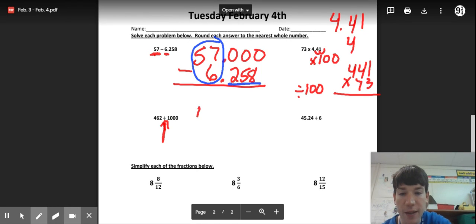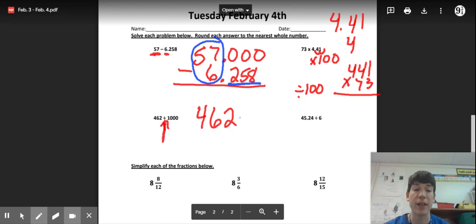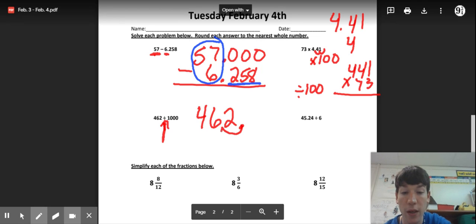So I'm going to take 462. Notice there is no decimal point in that number, but we can put one right here at the end. 462, moving that decimal backwards 3 times. 1, 2, 3 times.